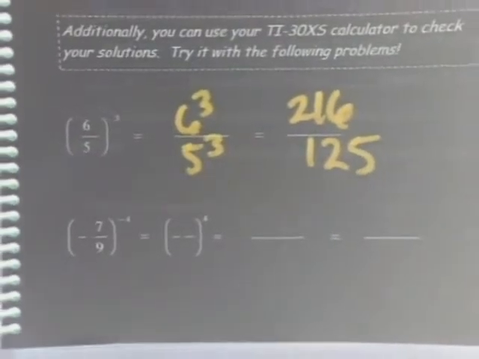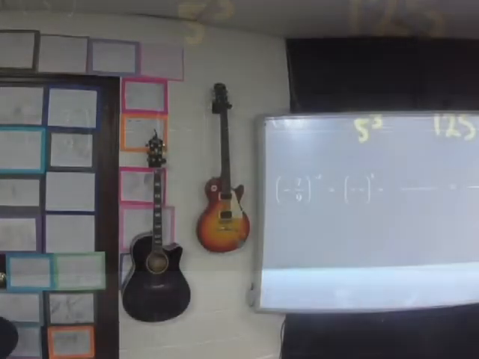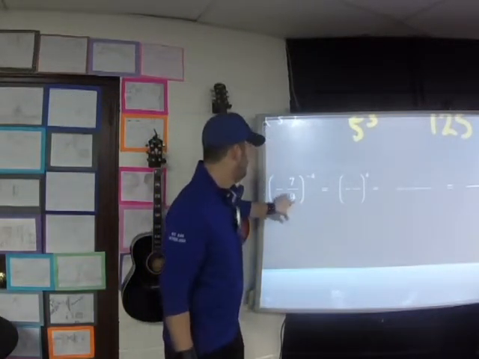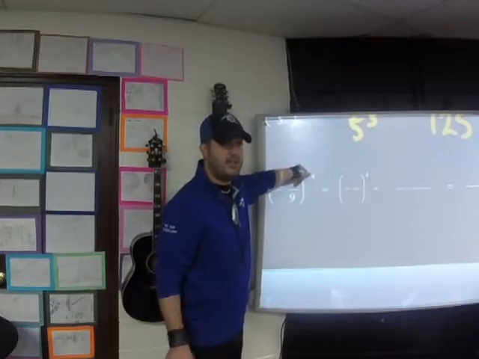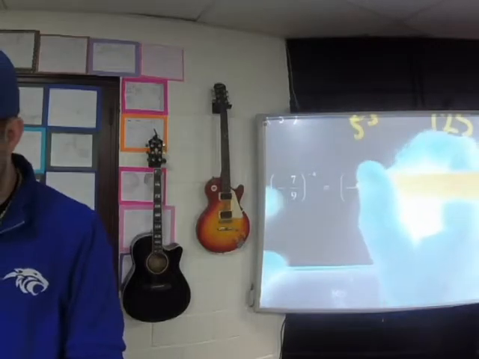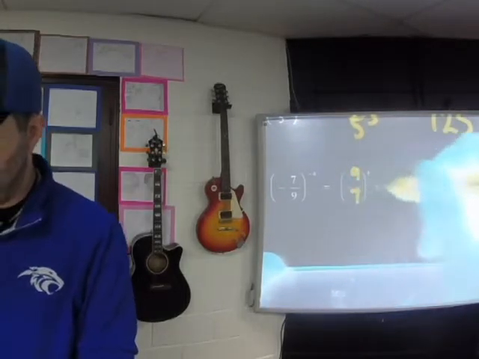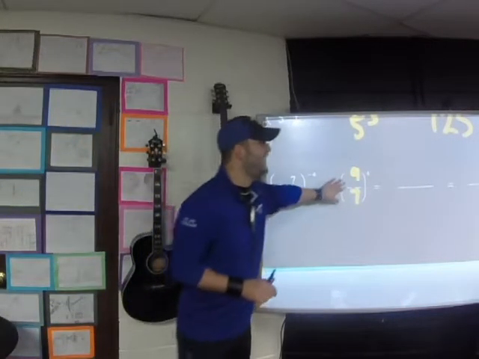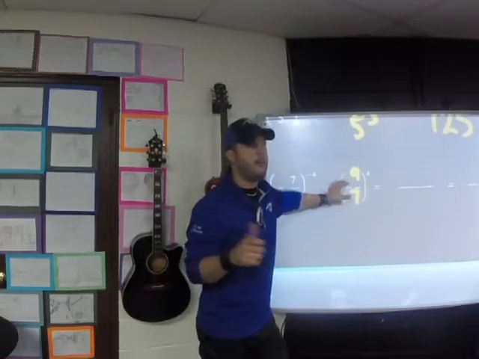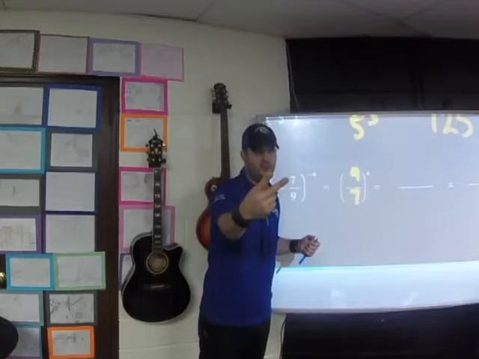And now this last one, I have a little mixture of some issues, including one more issue of the fact that we have a negative fraction. But first, negative exponent does what? Flip it. Now it's still going to be negative, but it's going to be negative 9/7. If I take a negative number and multiply it an even number of times, what happens? Positive. Think, if I go negative times negative, it becomes positive.